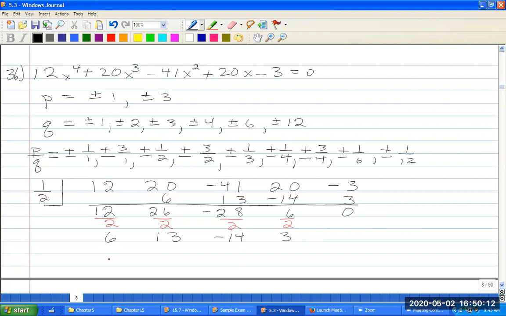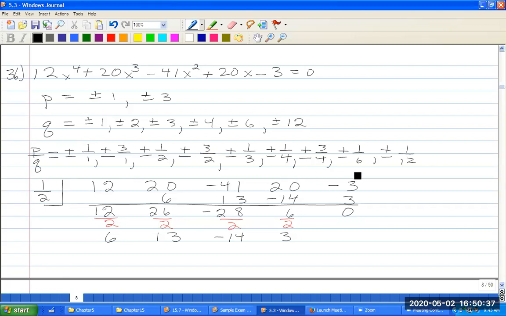Okay, good. So that's just a 3 and a 6, which means that these have to be divisible by 6. So I can get rid of a lot of choices here: the 1/4 and the 3/4 and the 1/12. Those can all go.